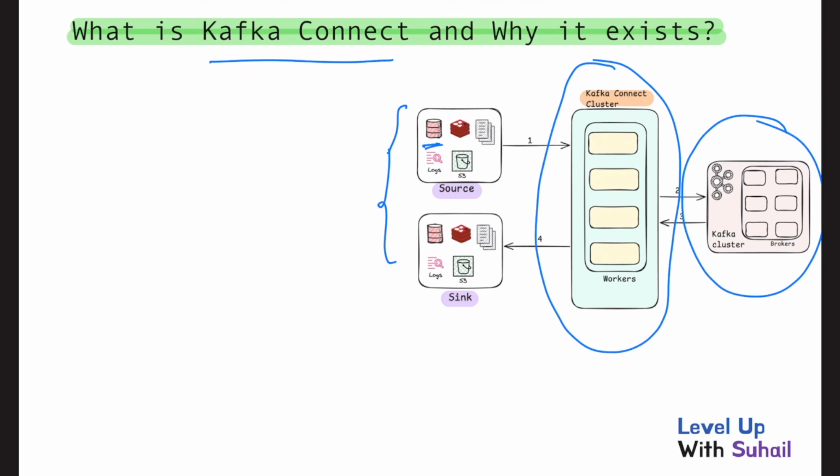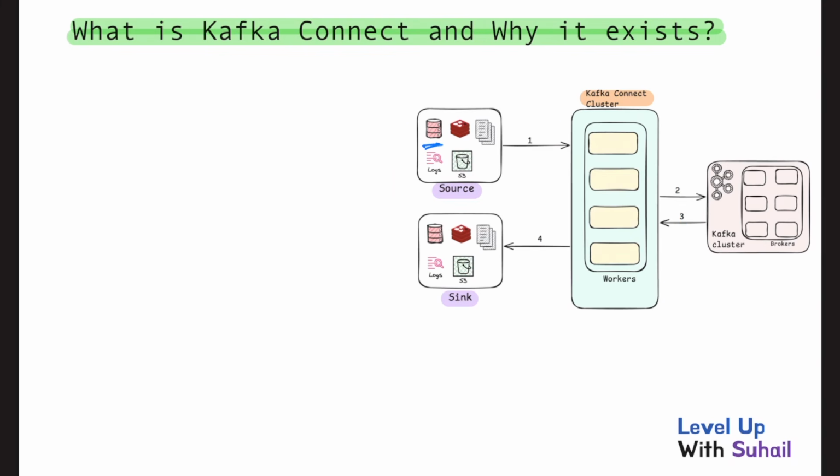Kafka Connect is not a producer, not a consumer, not stream processing, but it is a data integration framework. Its job is to just move the data from external systems to Kafka and also from Kafka to external systems. Now let me erase this.